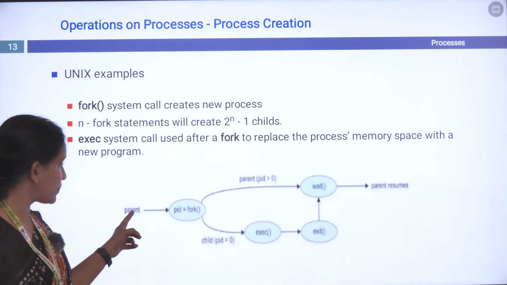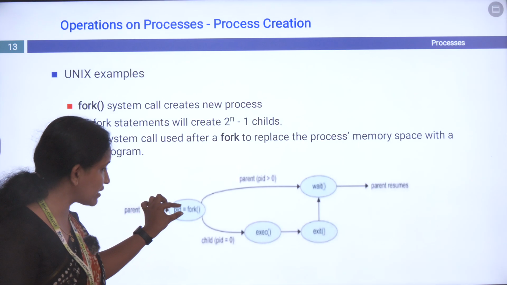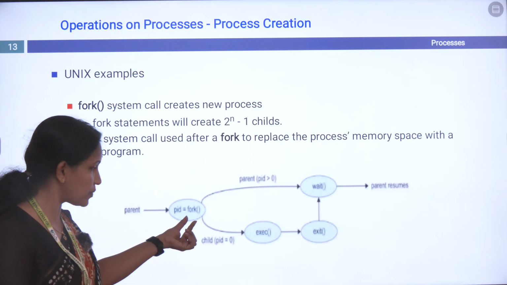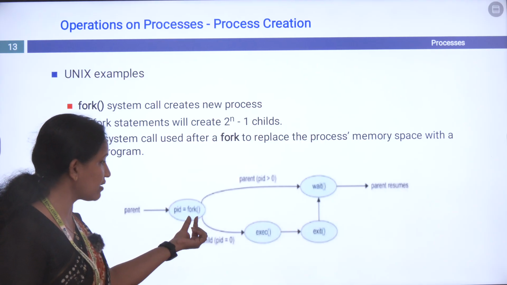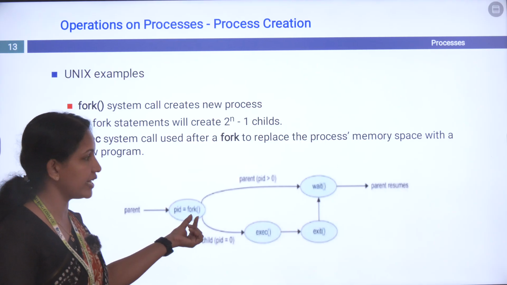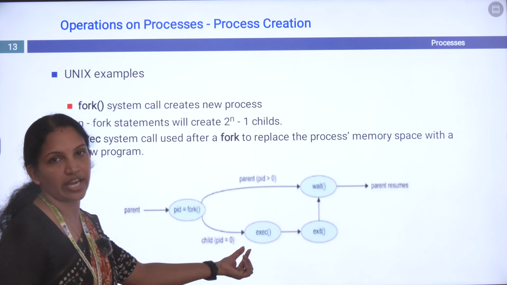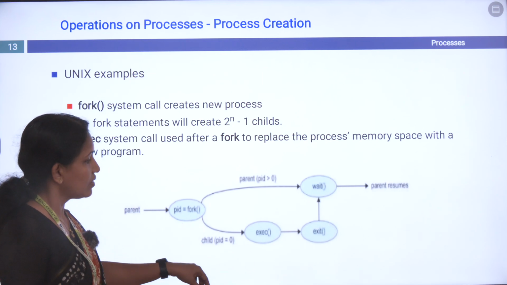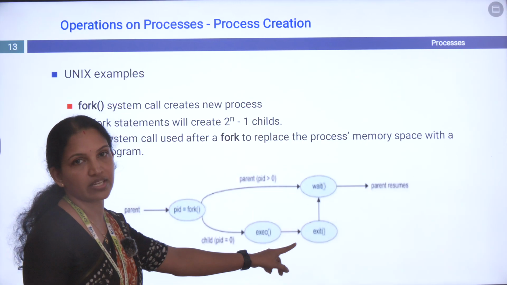So in this diagram, a parent is invoking a fork system call. If the call is successful, fork will return the child process ID to the parent, and it will return a 0 to the child process. The parent waits here until the child finishes its execution.